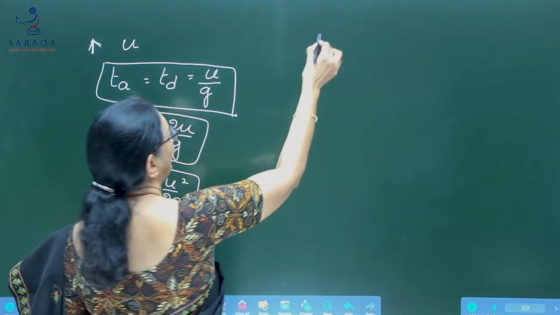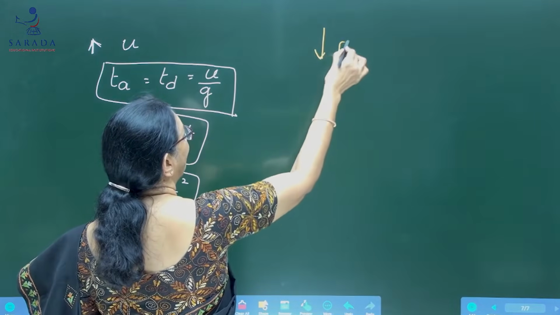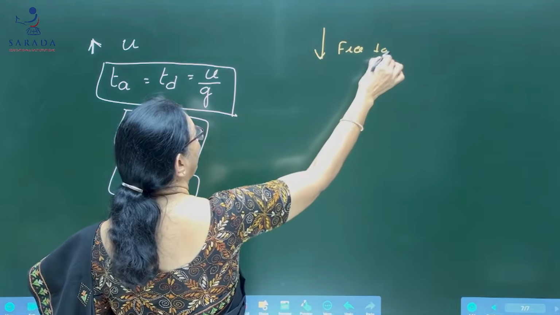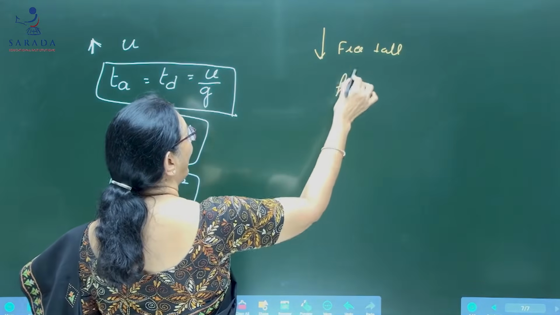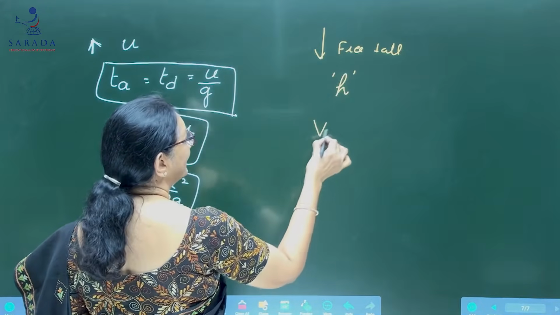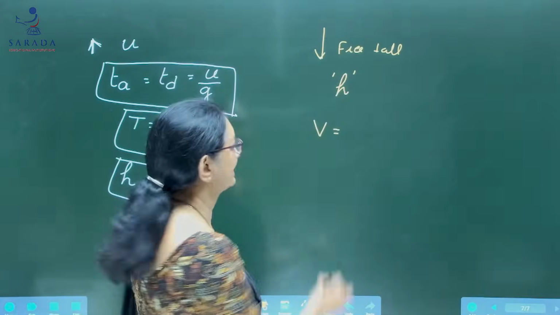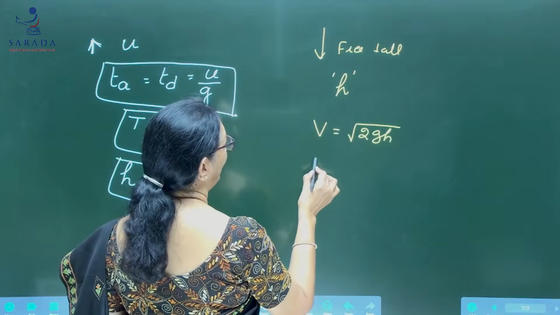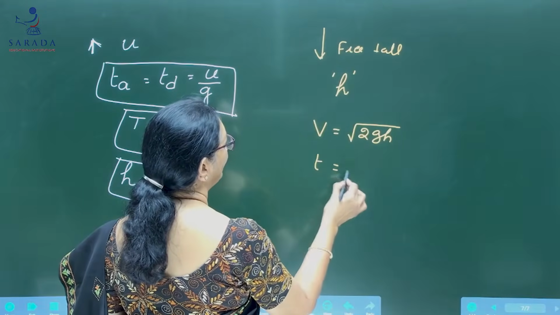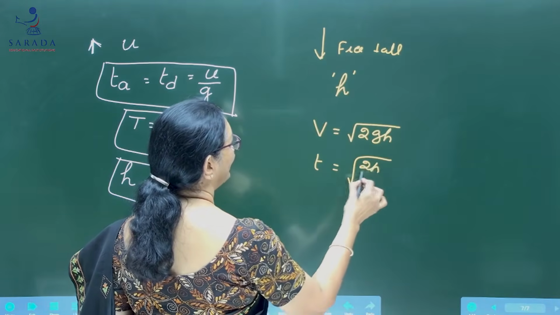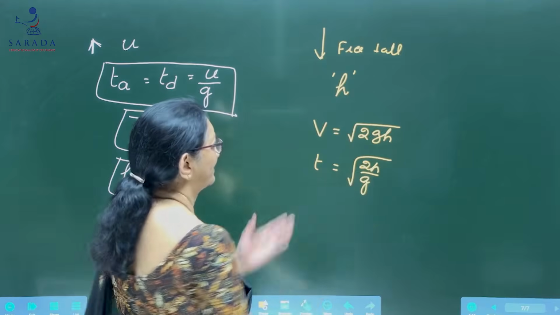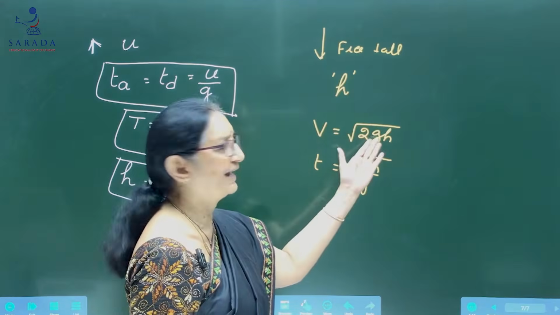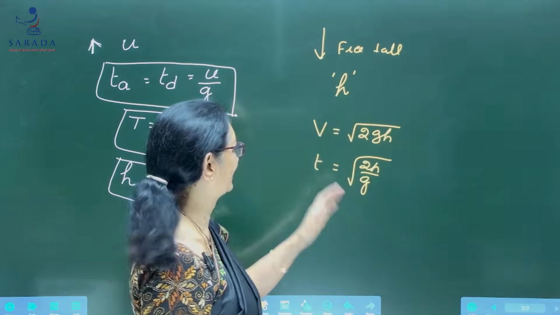Similarly, in case of free fall from a height h, on reaching the ground, velocity is square root of 2gh. Time taken to reach the ground is square root of 2h by g. Just these formulae: v square is 2as, v is root 2gh.